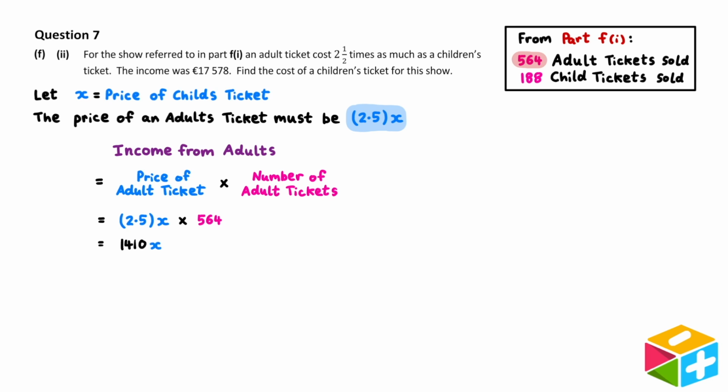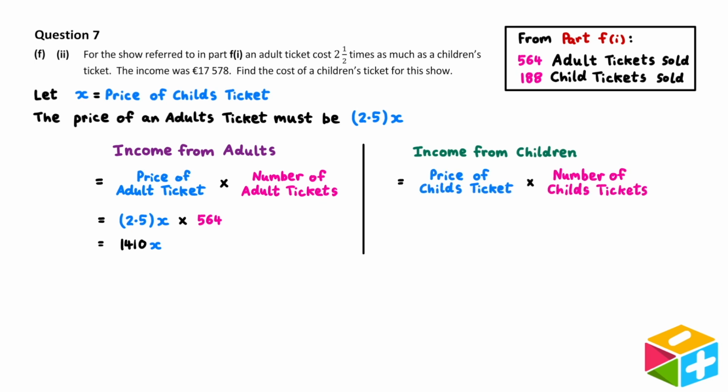Since 2.5 times 564 is 1,410, this comes out as 1,410x. The income from the children will be the price of a child's ticket times the number of children's tickets. The price of a child's ticket is X, and the number of children's tickets is 188. So this comes to 188x.